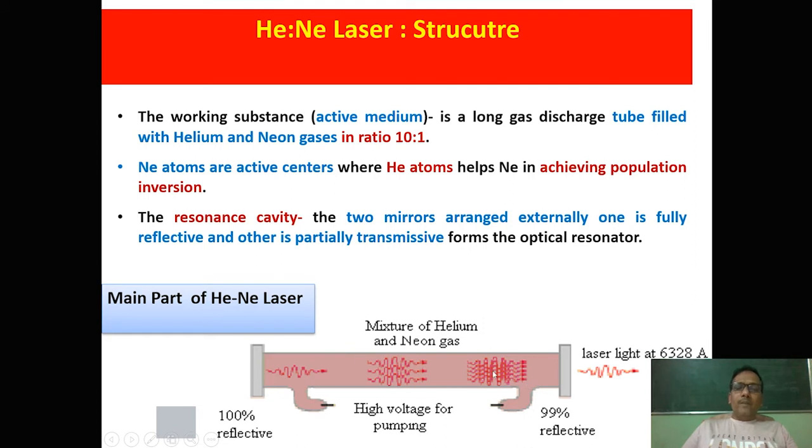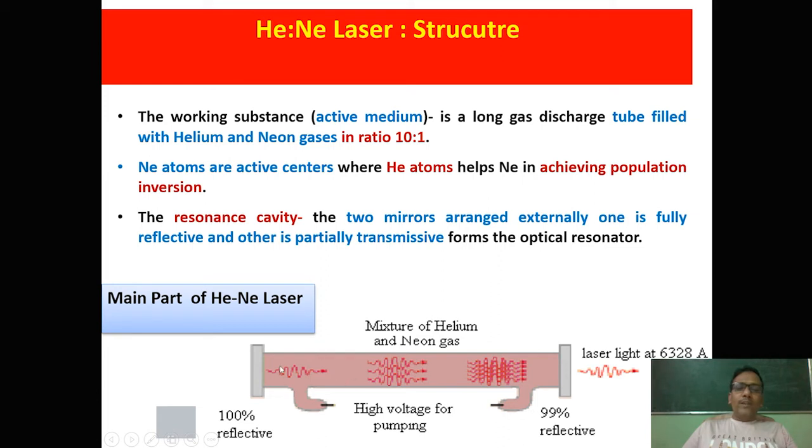The structure is very simple. It is a simple glass tube, which may have different shapes and sizes depending on its application. This glass tube is filled with a mixture of the active medium and active centers, that is helium and neon, in the ratio of 10:1. For the electric arc, that is the pumping process, two electrodes are used, an anode and a cathode, and a high voltage is applied between them.